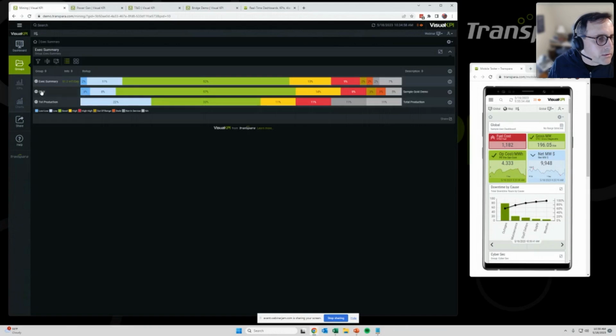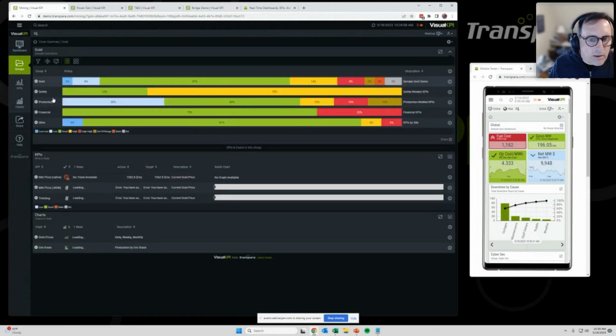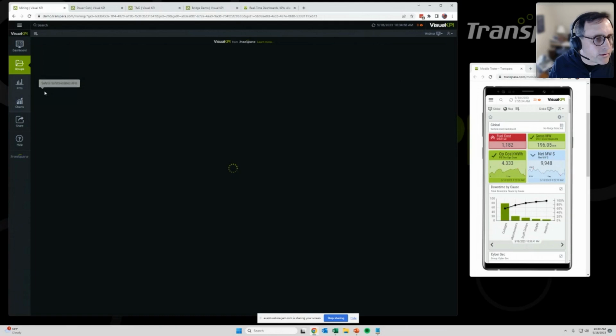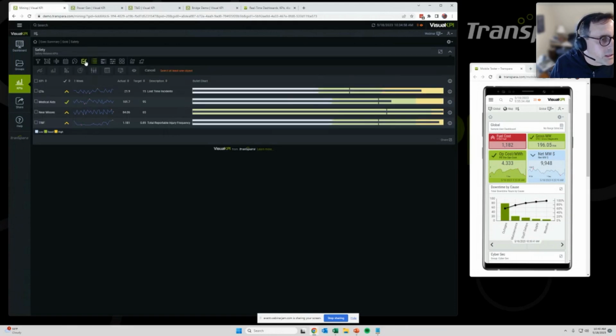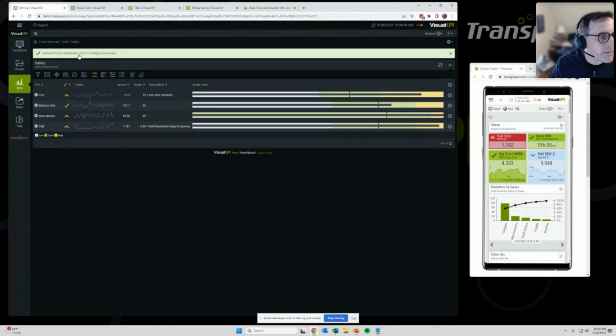Let's go into gold here. Let's look at safety. Let's say safety is a very important topic. So here I've got some safety KPIs. Let's pick one of those. And I will say my total reportable injury frequency. That's an important one I may want on my dashboard. So I'm just going to add that to my dashboard to start with here.